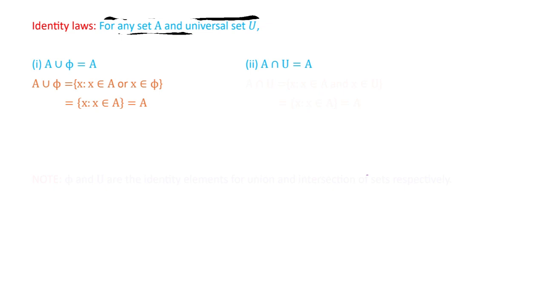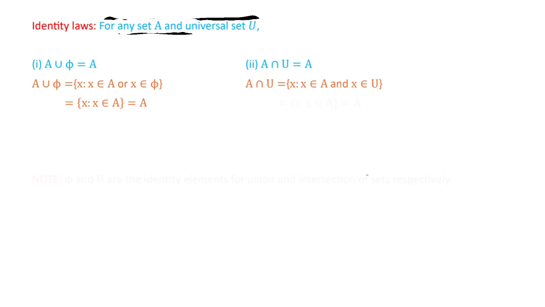Similarly, in the second case, we have A intersection universal set. By the definition of intersection, it has all the elements x such that x belongs to A and x belongs to the universal set.